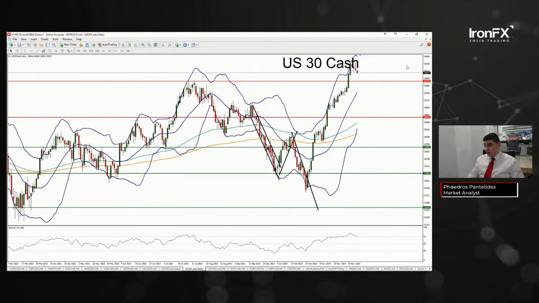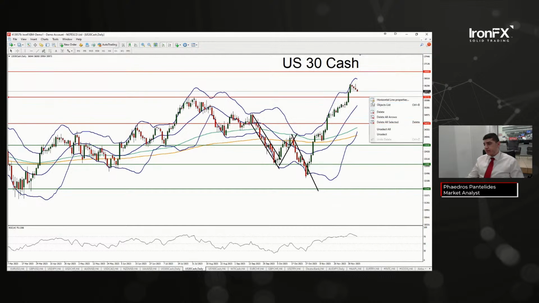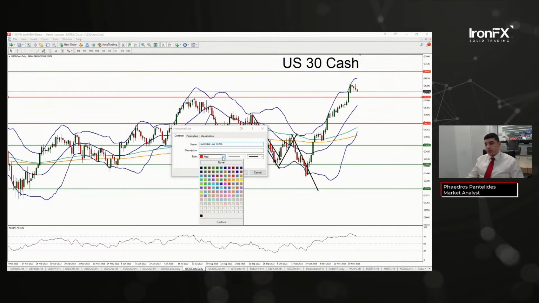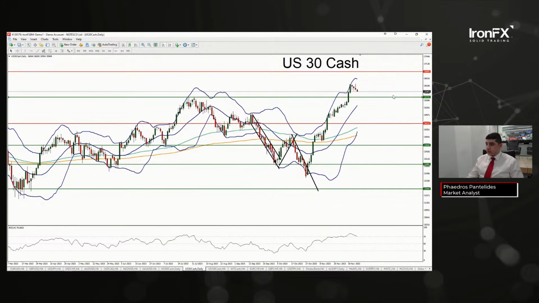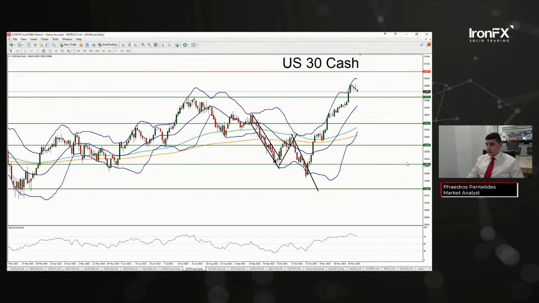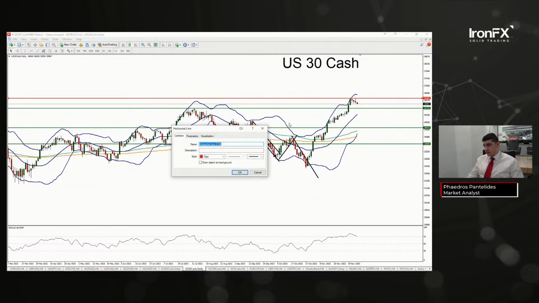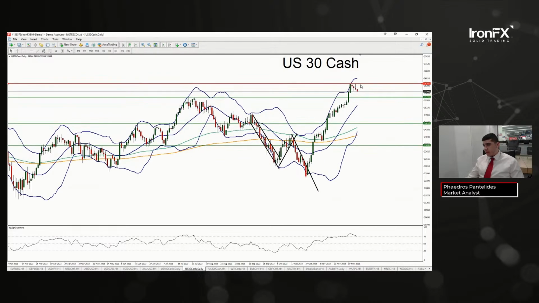Now the Dow Jones 30 has been overbought, so correcting lower. So this could be S1, S2, and then we have R1 at this high that was formed.